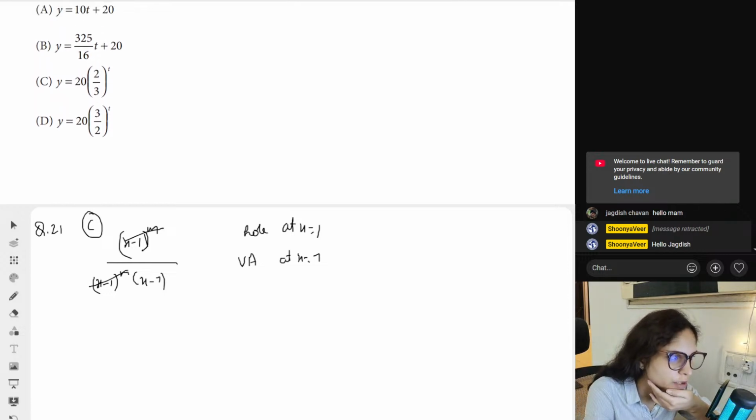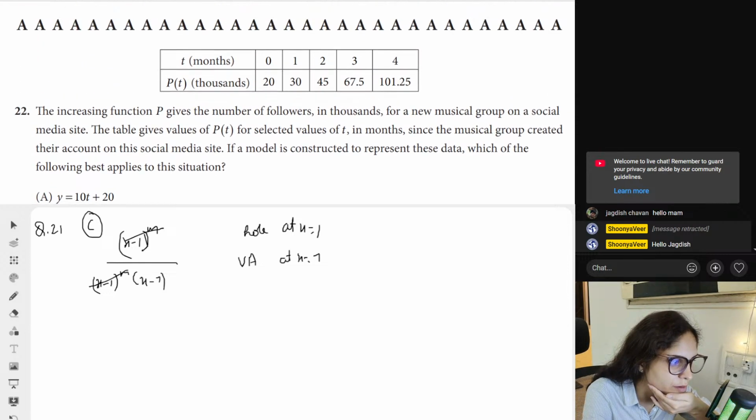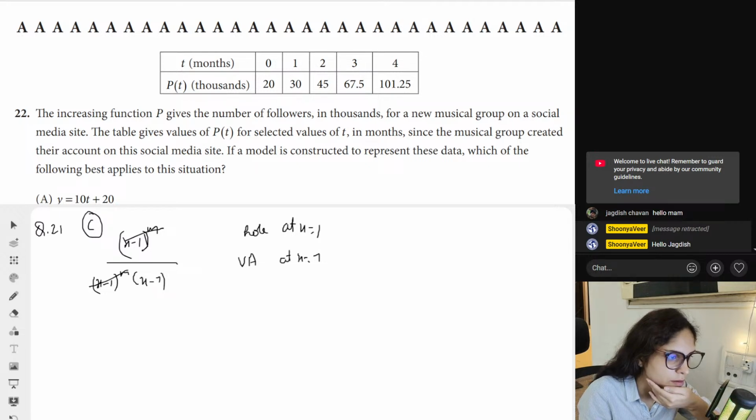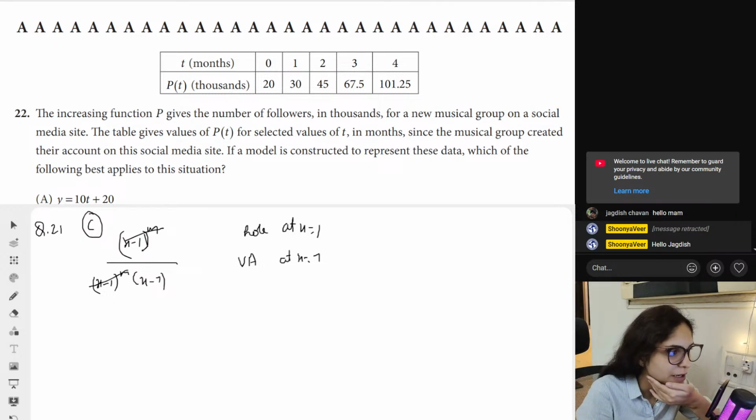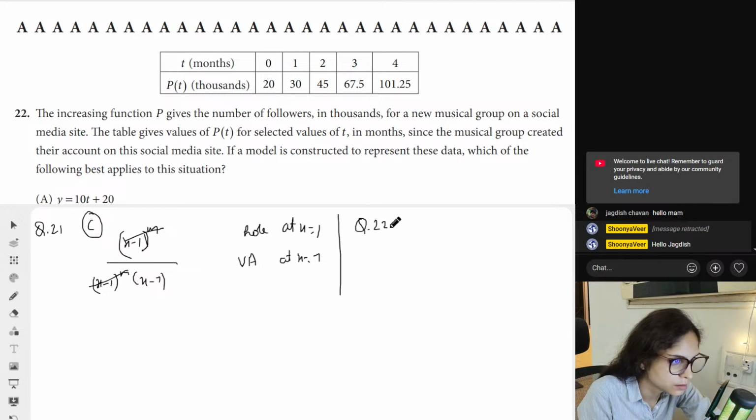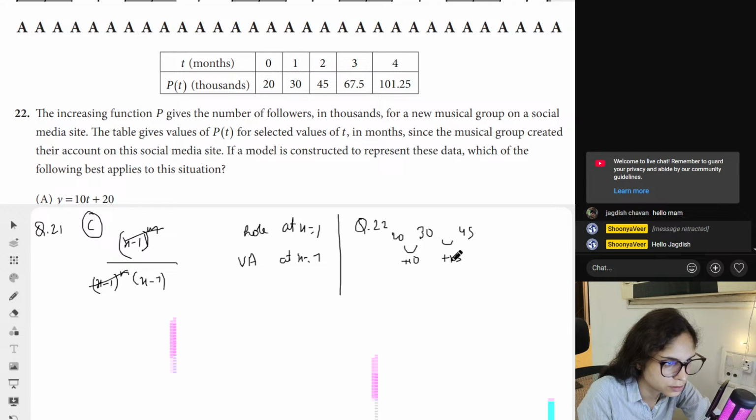So if you look over here, yeah. So the values are increasing. Okay. So the values are increasing. That means the value of b has to be greater than 1. 20, 30, 45. Not linear.